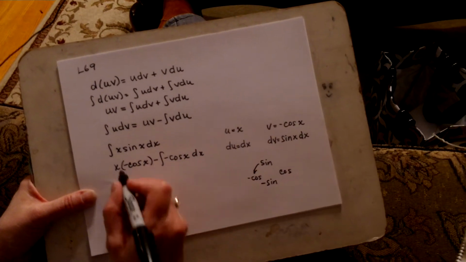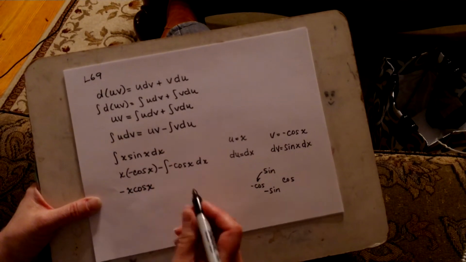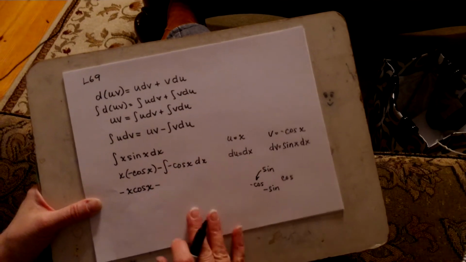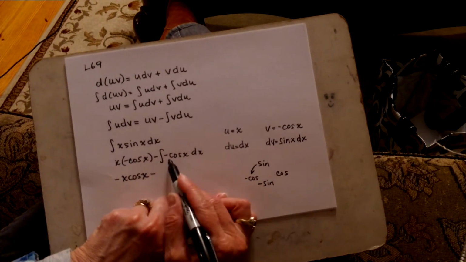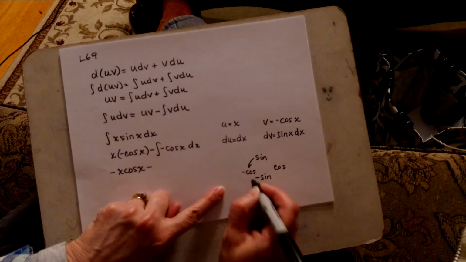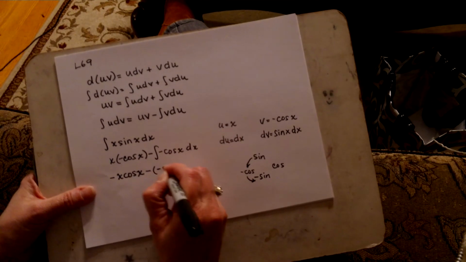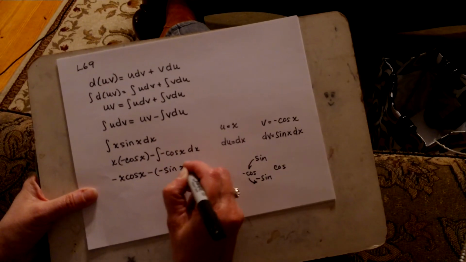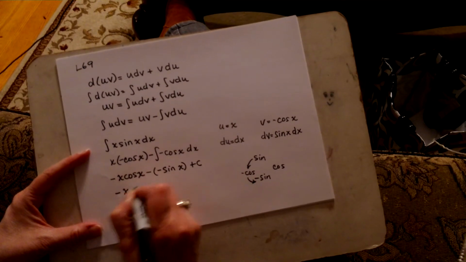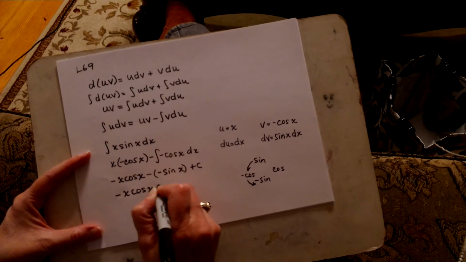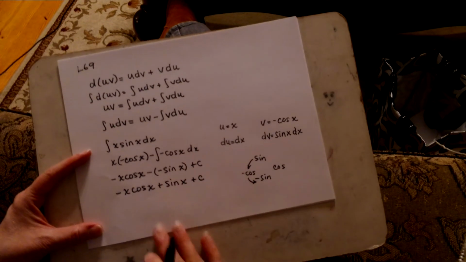So this just becomes the opposite of x cosine x minus, remember again we're doing the integration of negative cosine, so that's going to give us negative sine. So we've got negative sine x and then our plus c. So we simplify it by negative x cosine x plus sine x plus c.